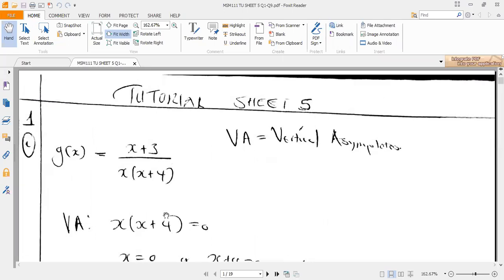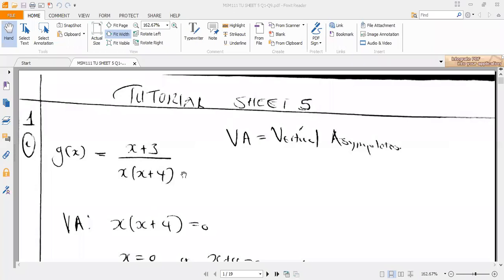I was saying that when you have been asked to find the vertical asymptote, you have to find out what values of x you can put into this function that will make the function undefined.